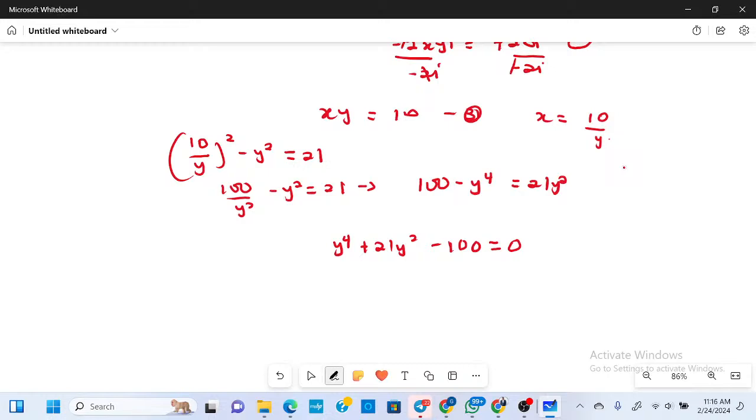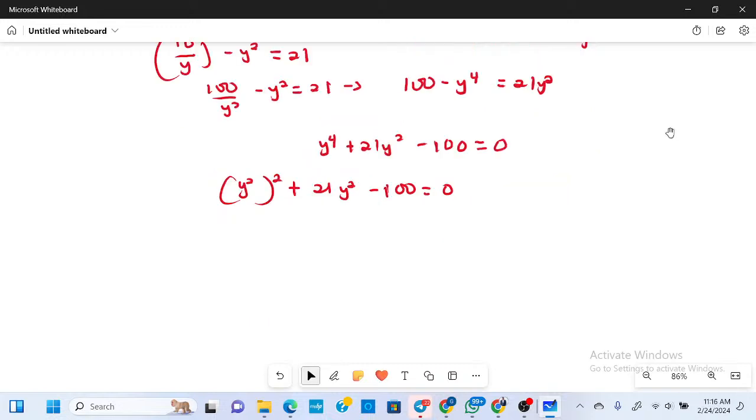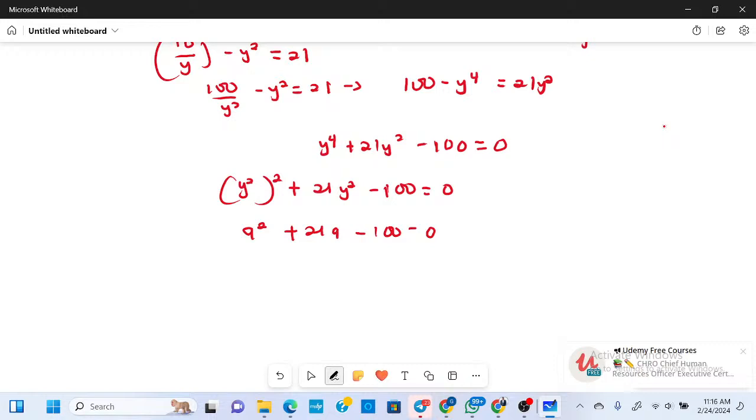So I'm to solve for the values of y, and at this point, since we are in y to the power 4, I can express it as y squared all squared plus 21 y squared minus 100 is equal to 0. So I'll make y squared be a letter, let's say a. I'll have a squared plus 21a minus 100 is equal to 0. So at this point, what are the values of a? We can put this into the calculator to get the values of a.